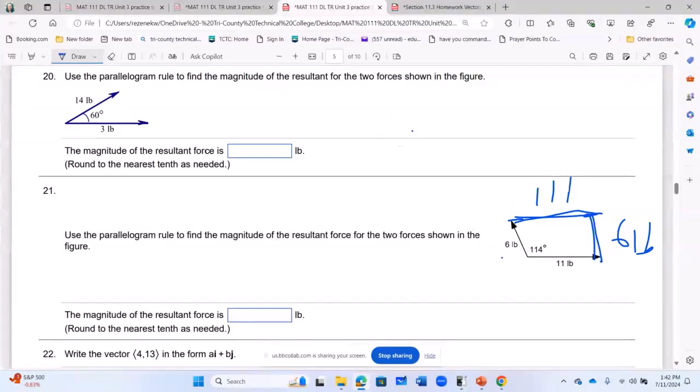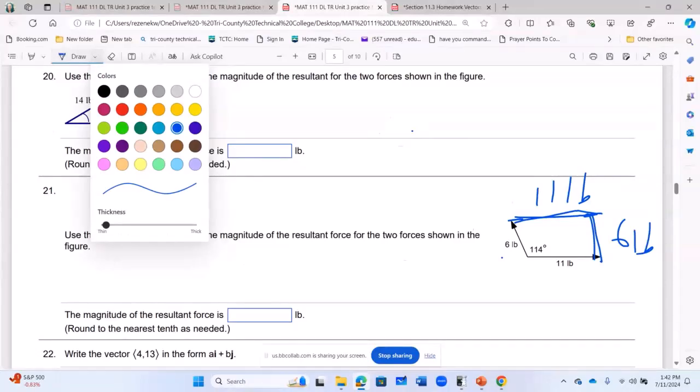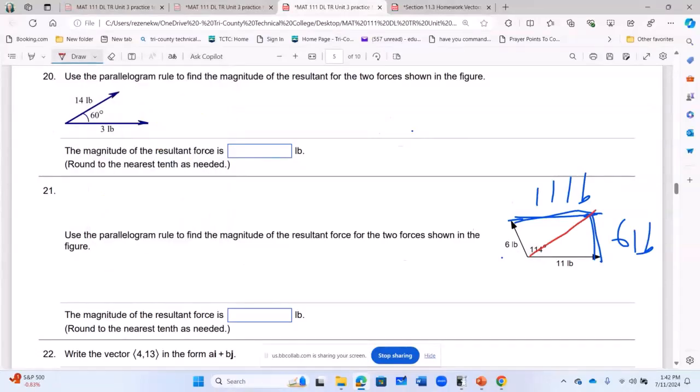Opposite sides of a parallelogram are congruent. The diagonal has got to go between the two forces, the two vectors. So the diagonal is the resultant force that I'm looking for. That is the resultant force. And this is R.